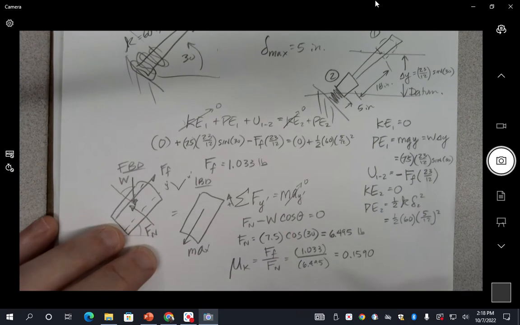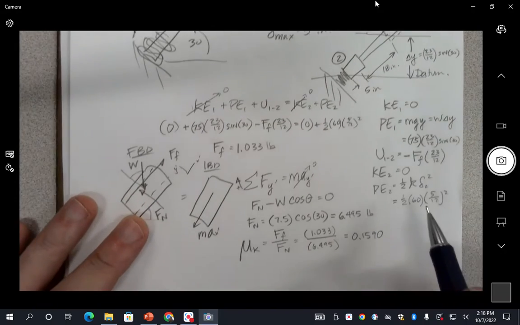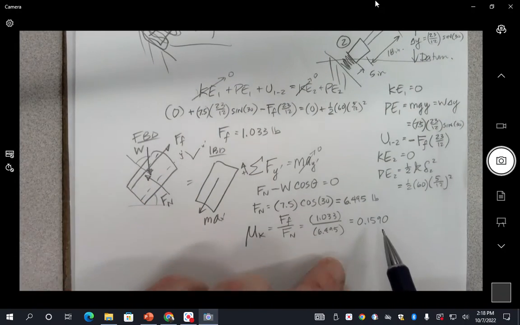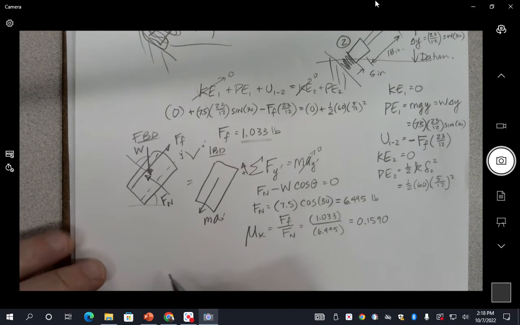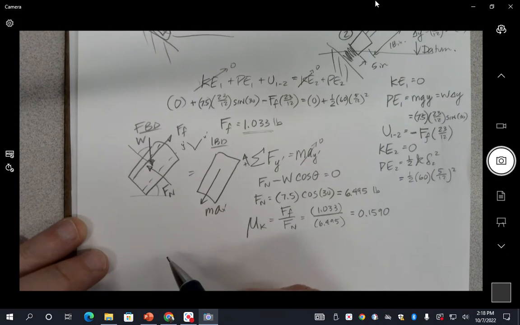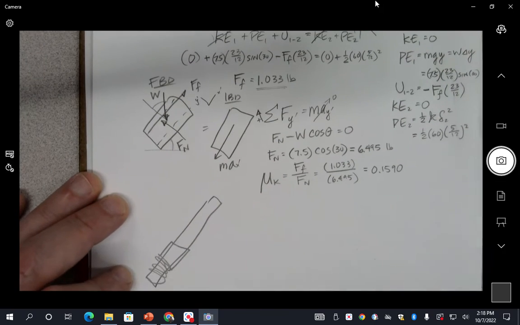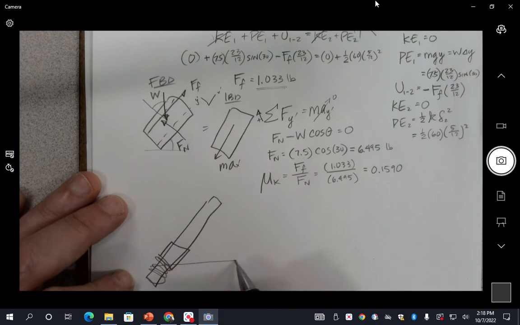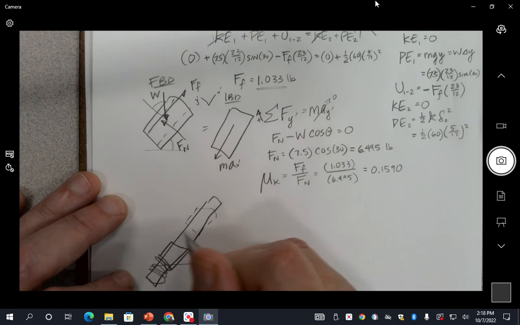So in order to do part B, we actually need some of this from part A, right? We're going to reset the datum or redraw this thing out. So this is where we started right here.